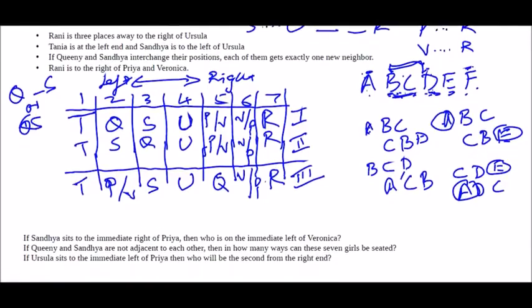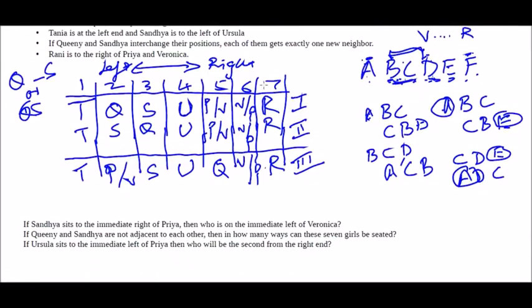Okay, let's look at the questions now. The first question says, if Sandhya is to the immediate right of Priya, this is possible only when Priya comes here, Veronica comes here. Who is to the immediate left of Veronica? Immediate left of Veronica would be Q. Q is Queenie. This scenario is done.